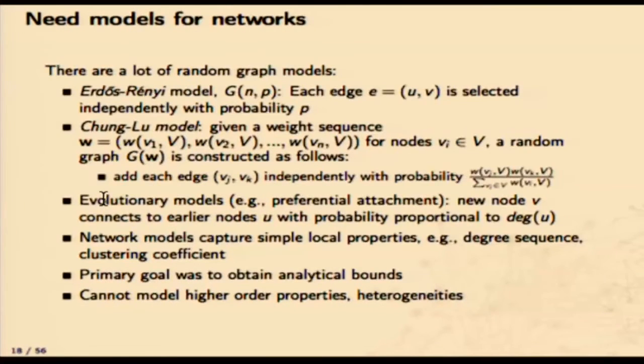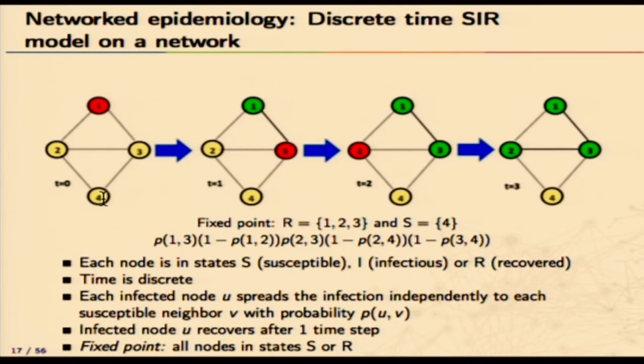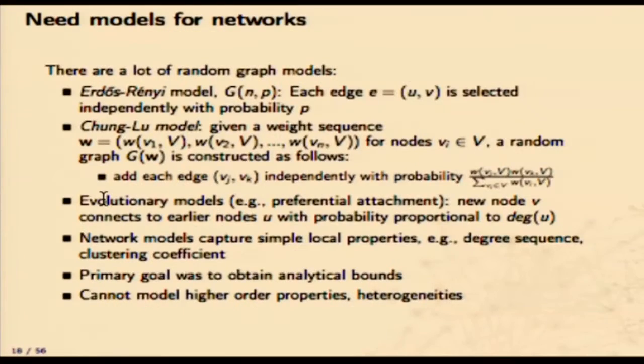Okay, so if you want to use network models, then you need two things. One is a model for the disease probability, so the disease model, and you need a model for the network, right? So let's talk about network models. There's a lot of work on random graph models, some of which we saw in the talk yesterday, like G(n,p) and so on.